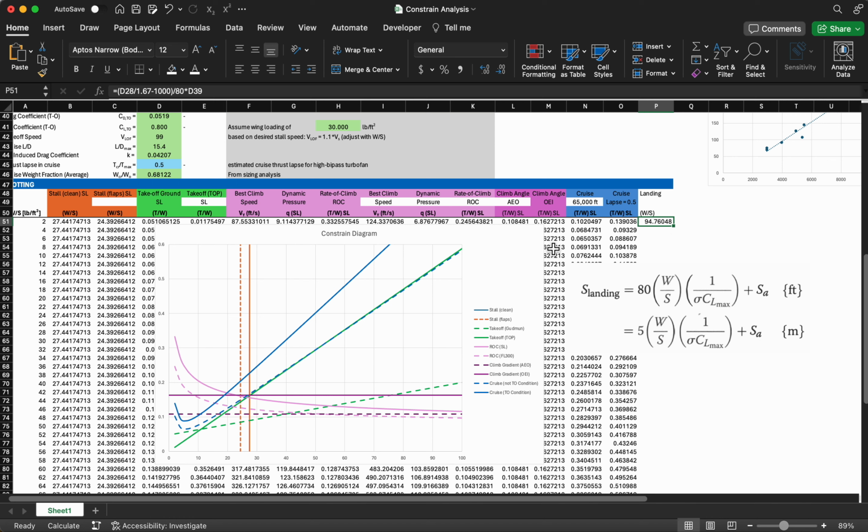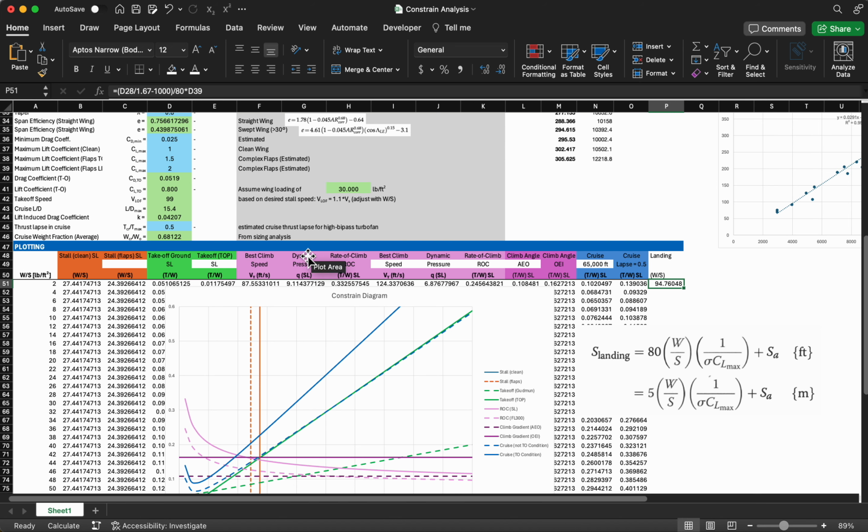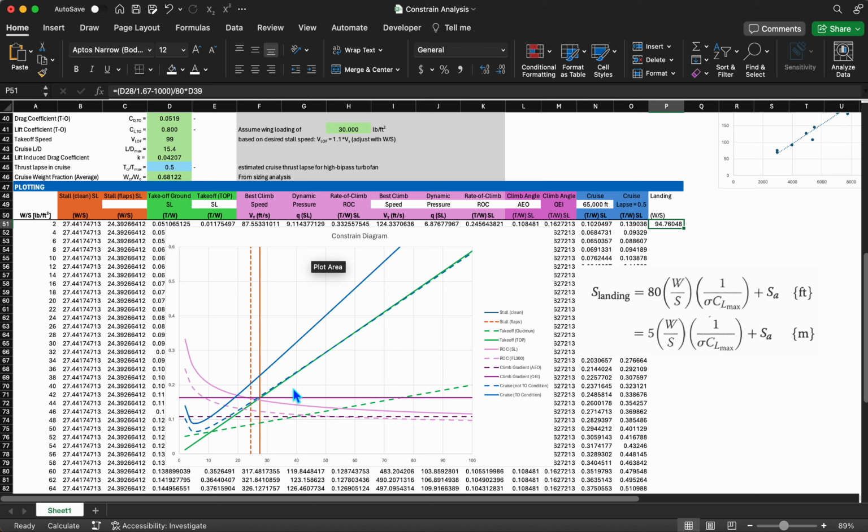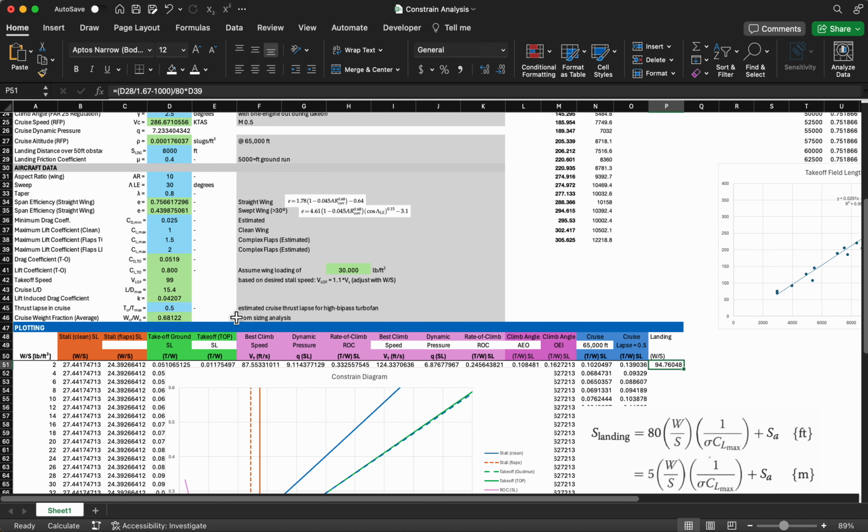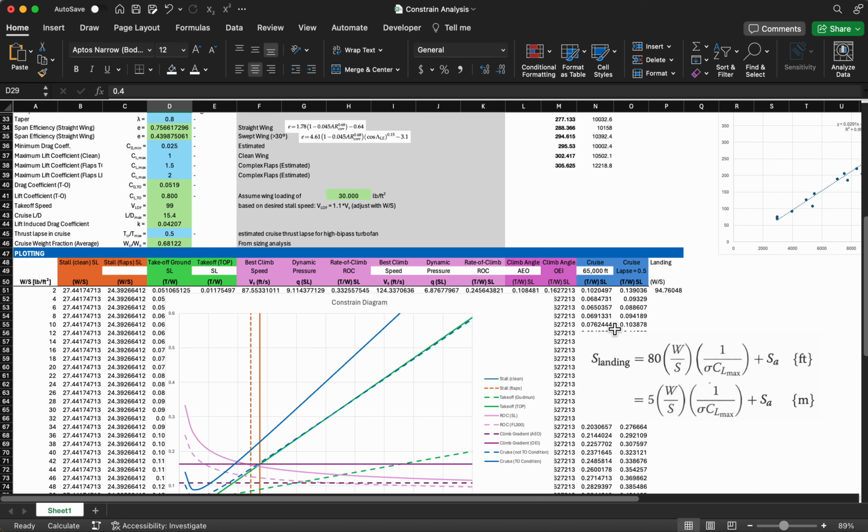So if we wanted to just sort of back calculate and approximate, if we wanted to get a wing loading of 25, which matches our stall condition, our landing distance, we could probably reduce this quite a bit, even more than that. So this aircraft probably, reasonably, with a safety margin, 67%, have a landing distance of about 3,500 feet. It's far better than its takeoff distance. But for now, let's leave it at 8,000. Assume it's taking off and landing from the same airport.